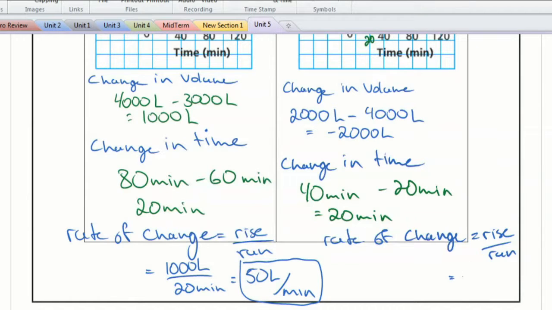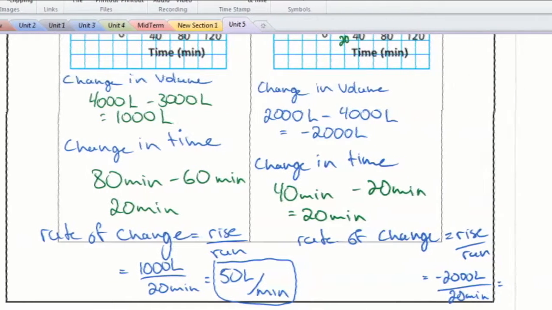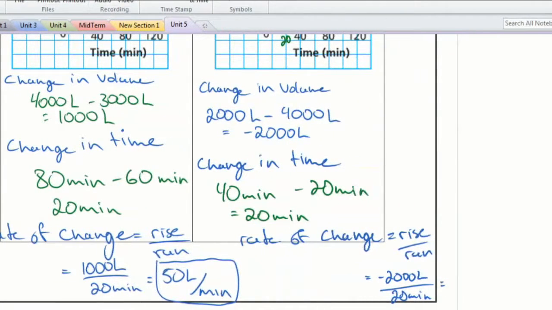And in this case, we went down 2,000 liters in 20 minutes. So what's happening to our volume? Well, we're losing 100 liters every minute.